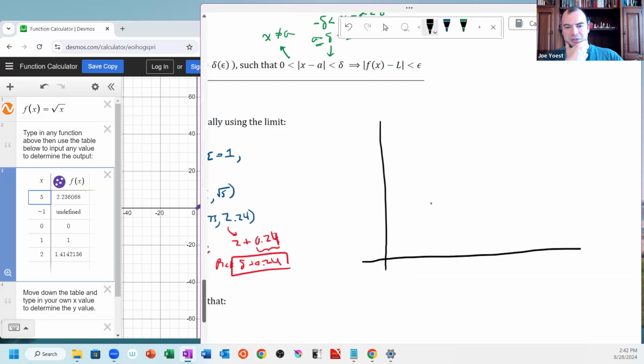Okay, so now let's look at this for a fixed but arbitrary epsilon. So again, I have 2 here. I have 4, which would be, I suppose, roughly there. This is my claimed value of the limit.